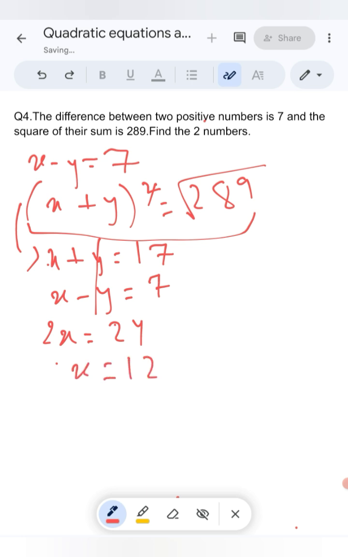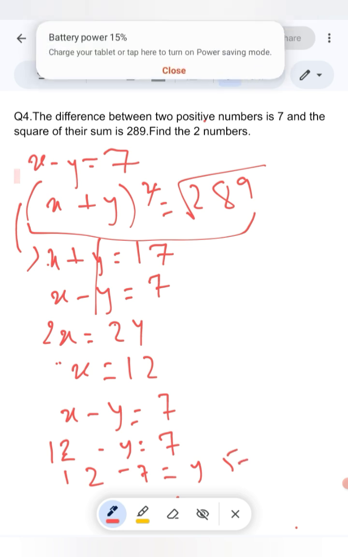Now I will be substituting this value of x is equal to 12 here in the question. X minus y is equal to 7. Now 12 minus y is equal to 7, and here I get my answer. 12 minus 7 is equal to y, and then 5 is equal to y.